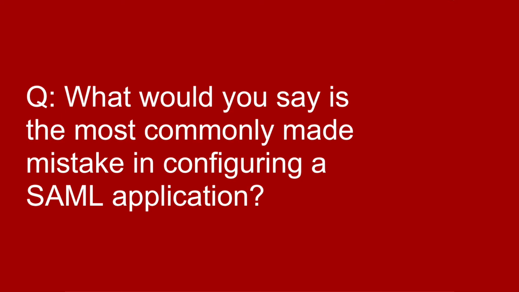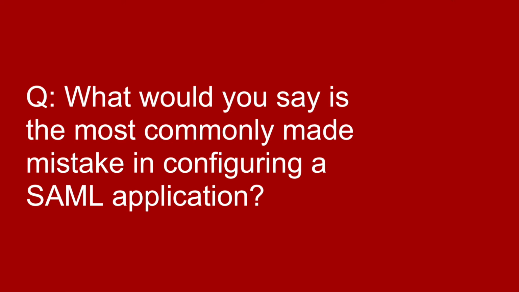The most commonly made mistake in configuring SAML applications, I think the challenges come from figuring out what the service provider requires, because not all service providers are the same. They all require different attributes in different settings. For example, some service providers require the name ID, the format of the username, to be sent over in a specific format, such as UPN or mail or SAMACCOUNTNAME.